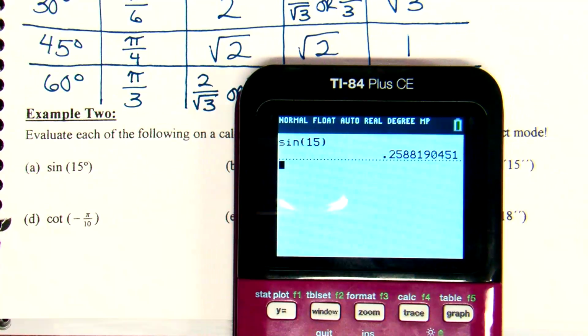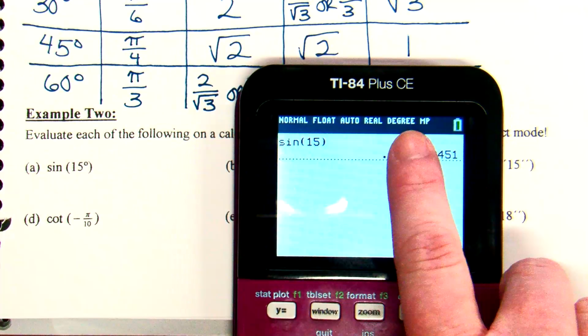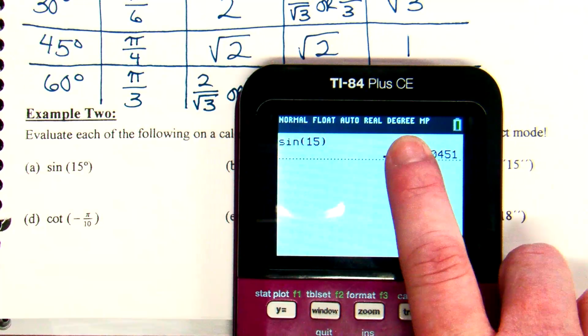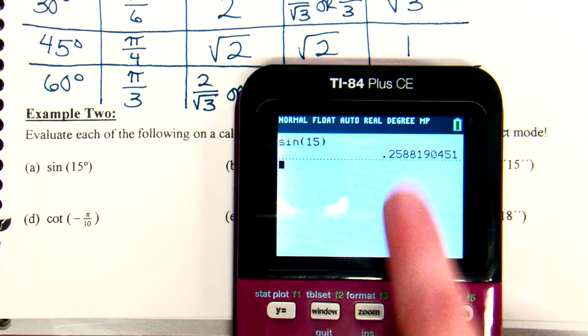On this particular calculator, I can see right up at the top that I am in degree mode. If I wasn't in degree mode, it would say radian right here. Now, whether you can see that up top or not, we're all going to go to the same place to change it, and that is the mode button, right there next to the second button.